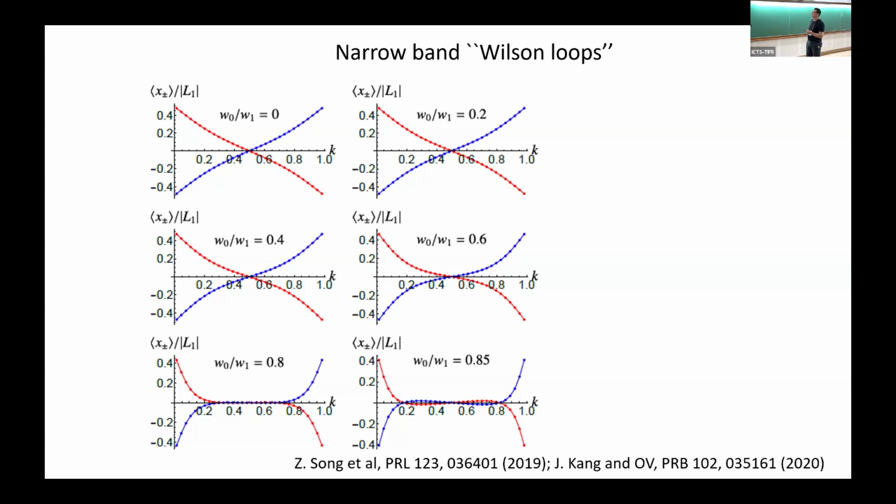It certainly winds, and it winds regardless of the value of this ratio, but the shape of this Wilson loop actually changes as you go closer to the ratio equal to 1. So in particular, you start seeing this flat region in which even though you're changing this wave number, your wave packet is sort of stuck there. And only at the end, it remembers that it's actually a Chern state, and then it picks up this piece.